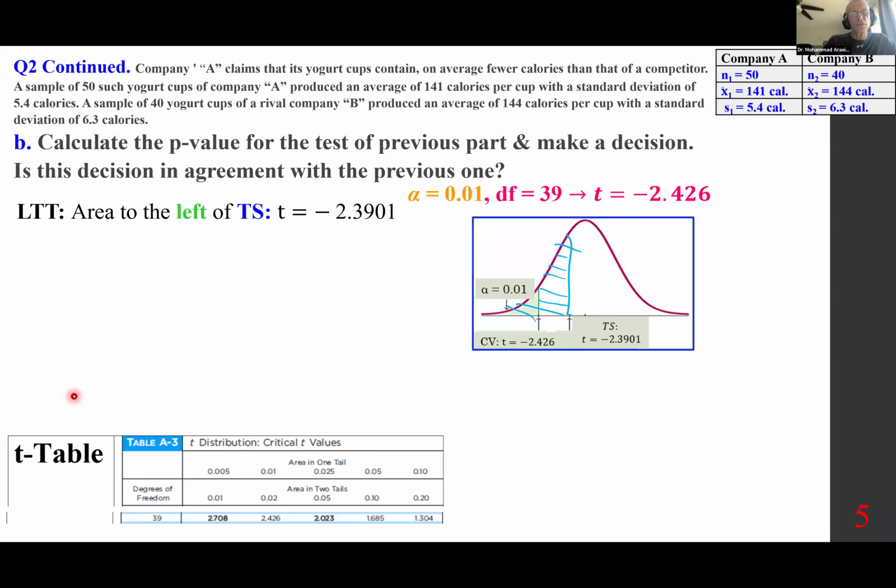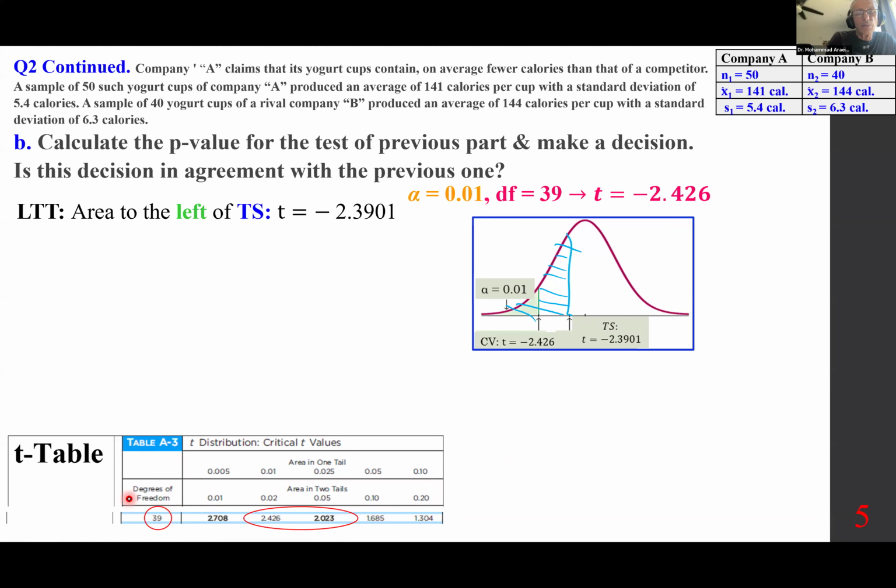So the area to the left of test statistic t equals negative 2.3901. Degrees of freedom is 39. And we want to find it in a table. We don't have it. So what do we notice? This is, again, the limitation of space. I'm just showing you the left column. We are using degrees of freedom of 39.